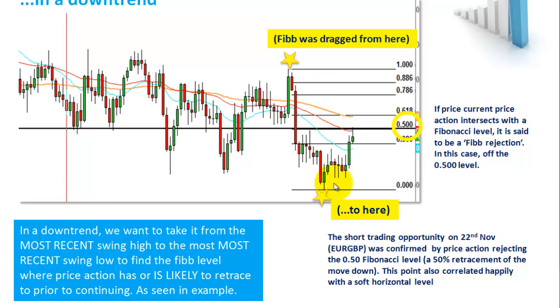And if it's correlated with another technical level, like a horizontal level, a moving average, a big number, then absolutely fine. And we can see here that we've got a rejection of the 50 moving average here. And I know this level has been broken, but it's been respected a few times as well, 1, 2, 3 times.